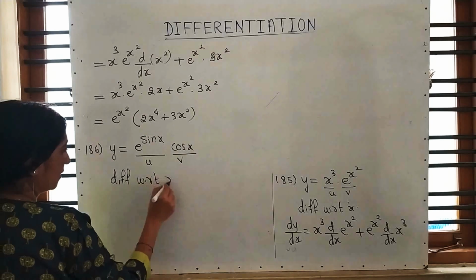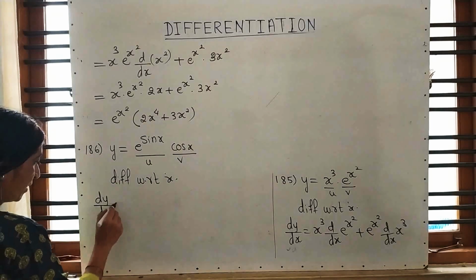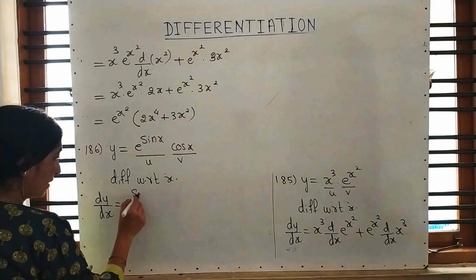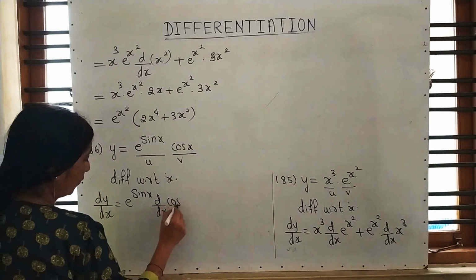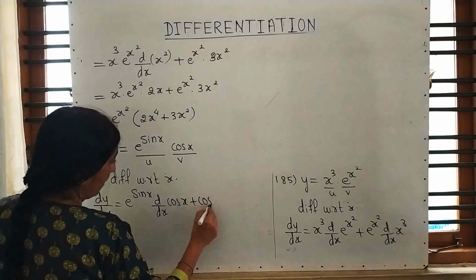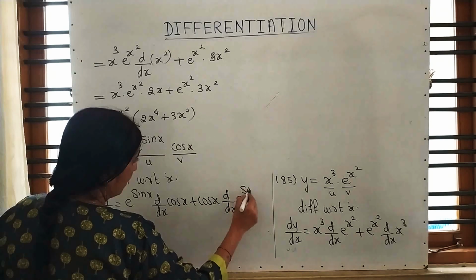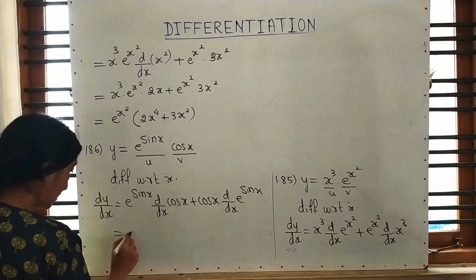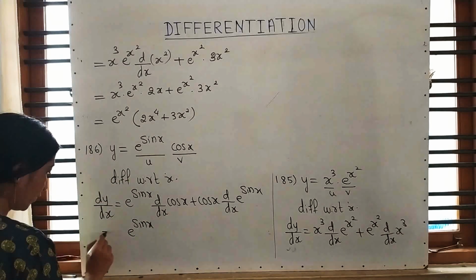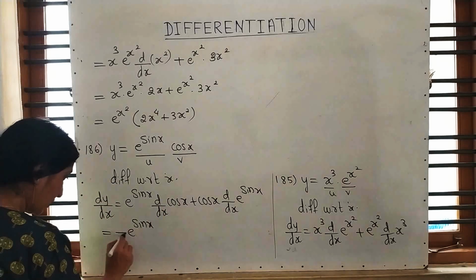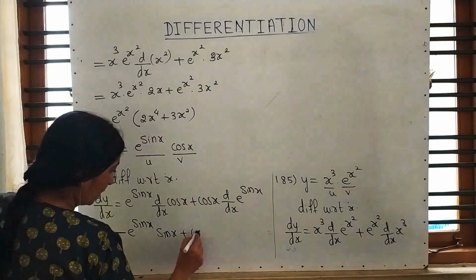Differentiating with respect to x, dy upon dx is e raised to sin x, differentiation of cos x, plus cos x, differentiation of e raised to sin x. See, e raised to sin x I kept as it is. What is the differentiation of cos x? Differentiation of cos is minus, that's why I wrote minus first, plus cos x as it is.